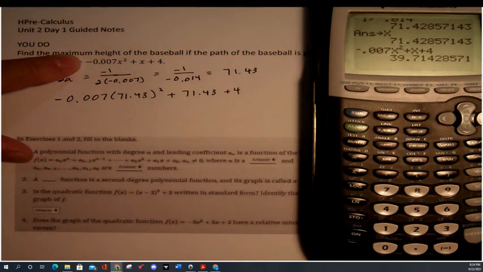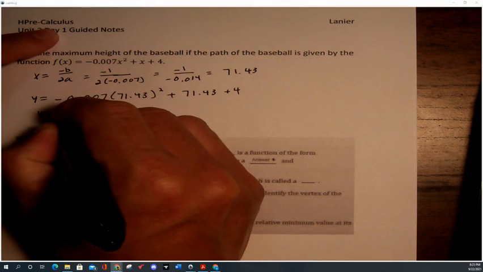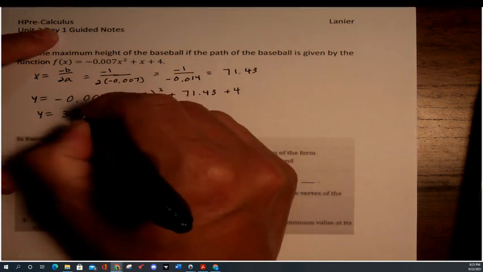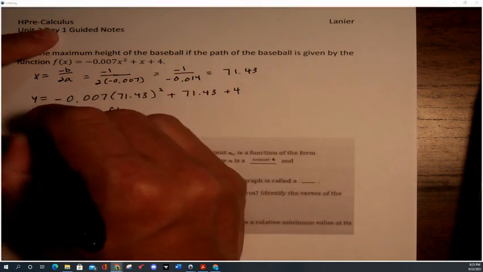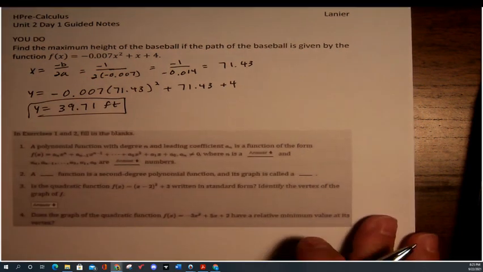The maximum height of the baseball is 39.71 feet. And that is our answer for that problem.